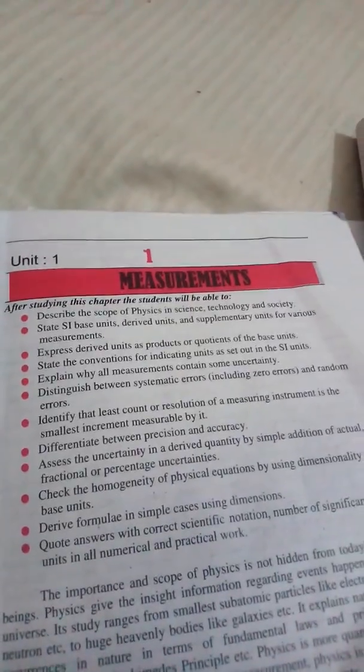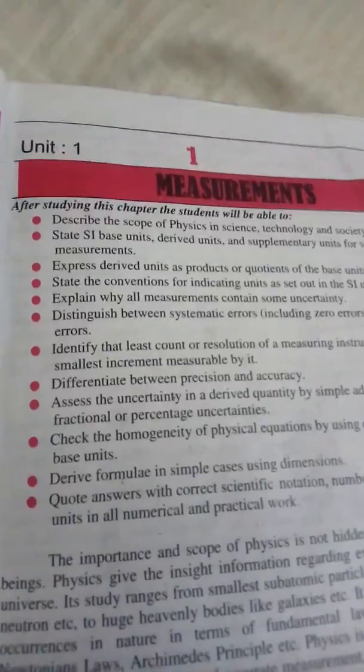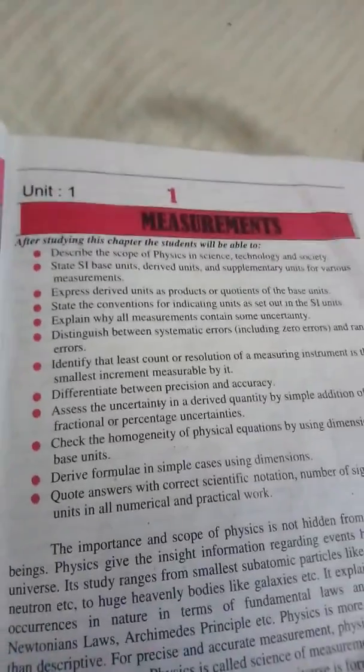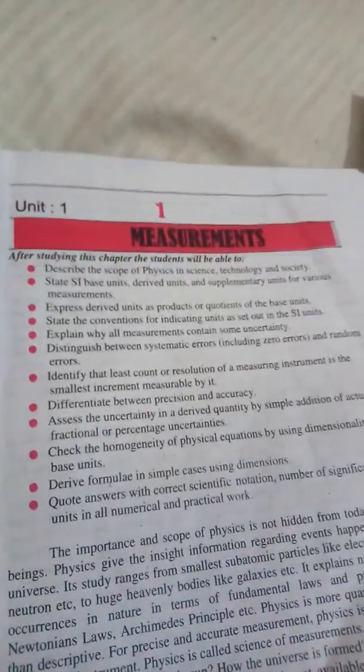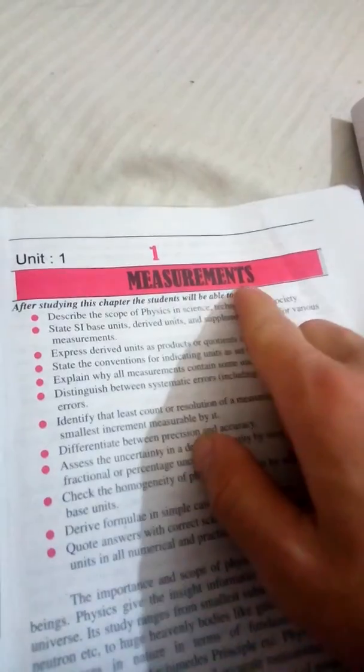Before starting a topic, you need to understand what you are going to study. You can understand it by looking at the SLOs, which are given in the book at the start of the chapter or unit. You can also tell that the topic is related to measurements because it's written there.